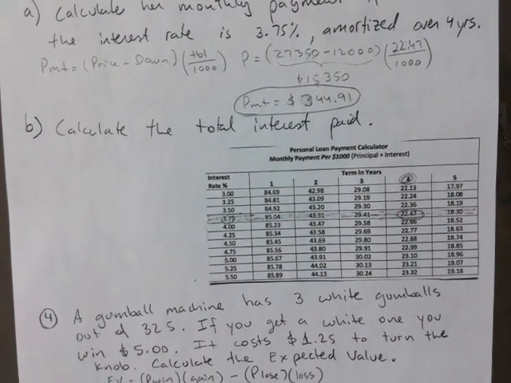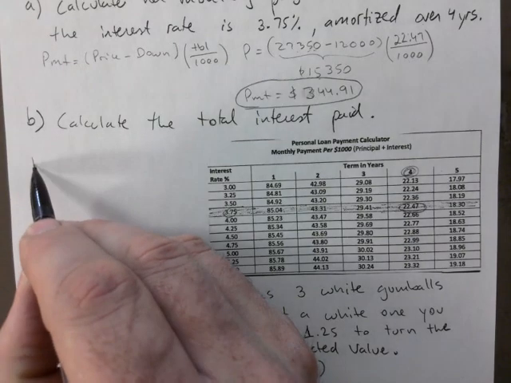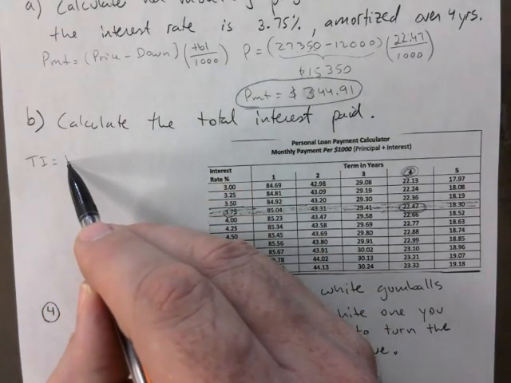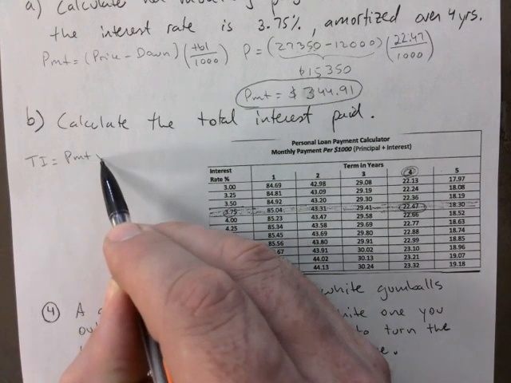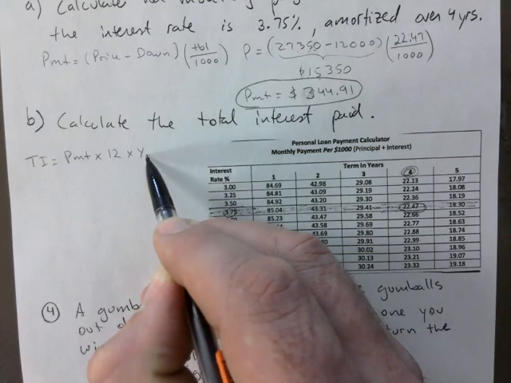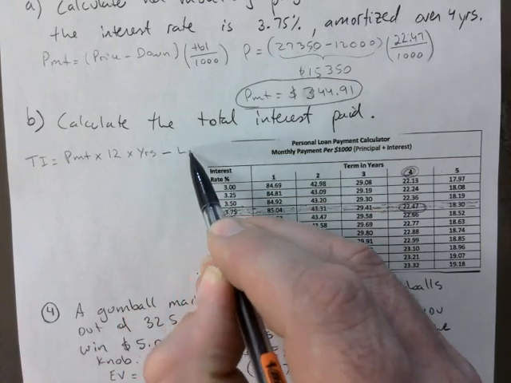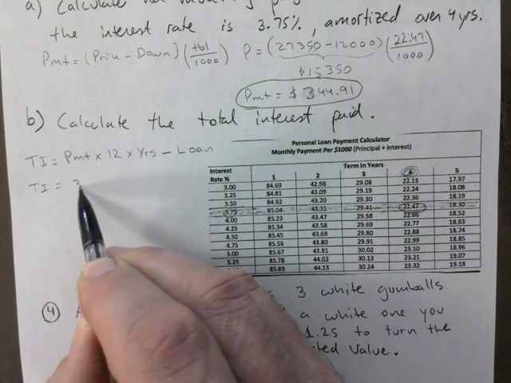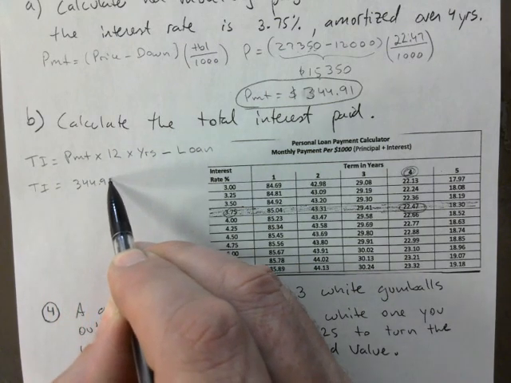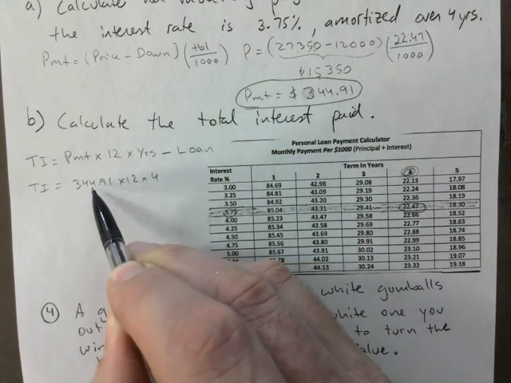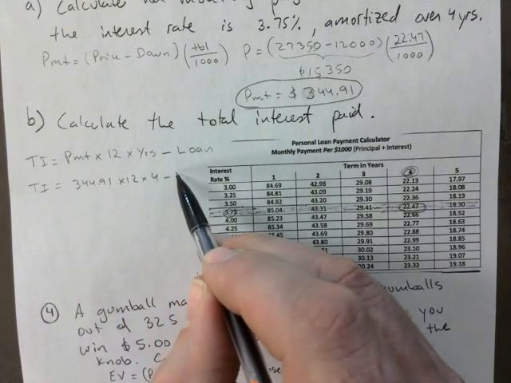Okay. Calculate the total interest paid. That's TI. You should also have that on your formula sheet. What is that again? Payment times 12, because that's for a year, times the number of years, minus the loan, right? And so the payment is 344.91 times 12 times 4, so it's 48 payments of that. That's how you think of it.